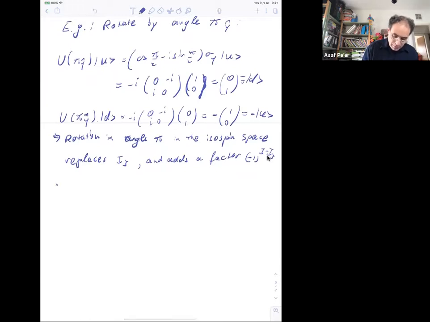So the PN system is an example of a doublet.